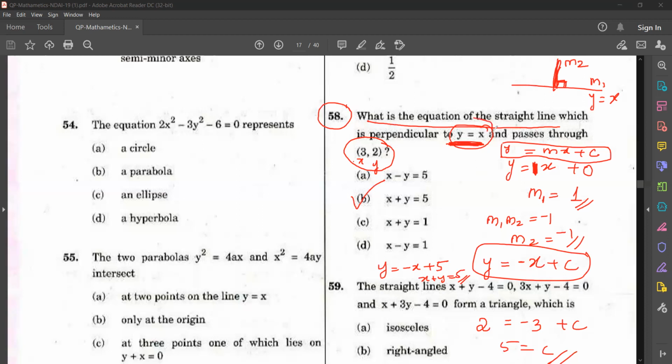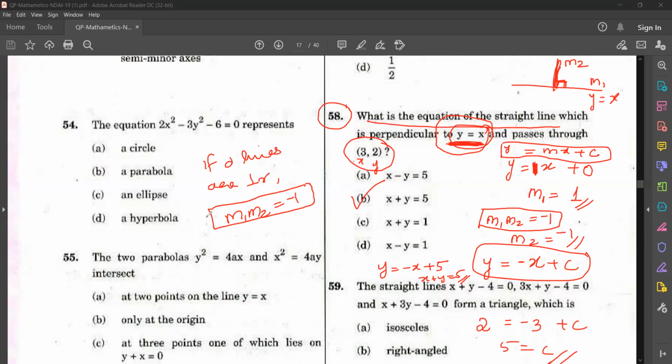If you're given a line and asked to find another line which is perpendicular, you have to use the relation m1 m2 is equal to -1. So what are the takeaways from this question? If two lines are perpendicular, the product of their slopes m1 into m2 is equal to -1.